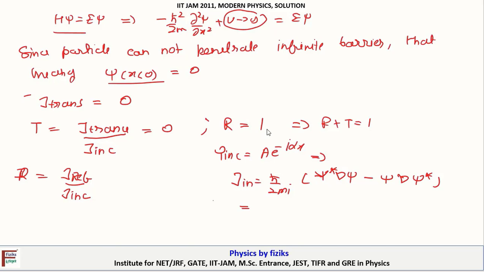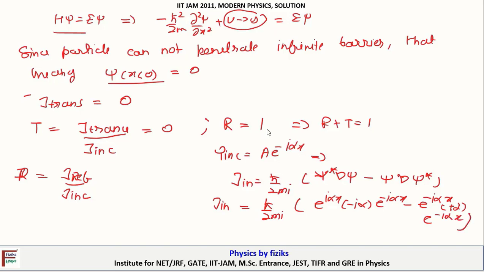So what I would get, J incident would be h cross by twice m i, here I would have e to the power i alpha x into minus i alpha e to the power minus i alpha x, minus i alpha x minus i alpha e to the power minus i alpha x.